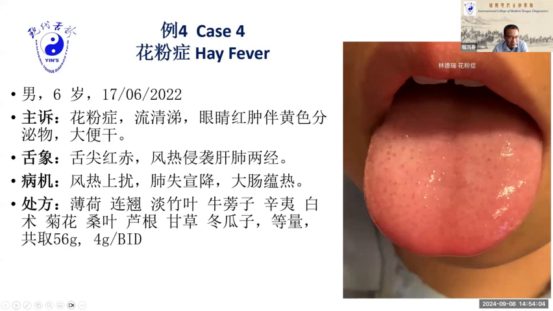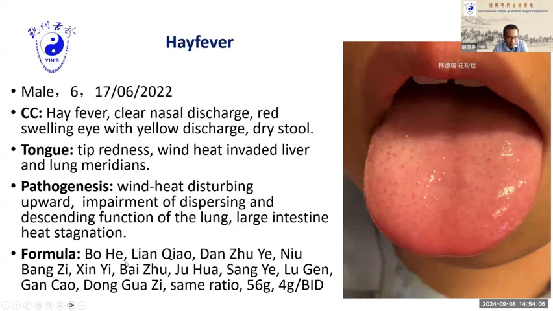So this is the prescription: 薄荷、连翘、淡竹叶、牛蒡子、辛夷、白术、菊花、桑叶、芦根、甘草、冬瓜子. Same dose for each of the herbs, 56 grams totally, and 4 grams BID.